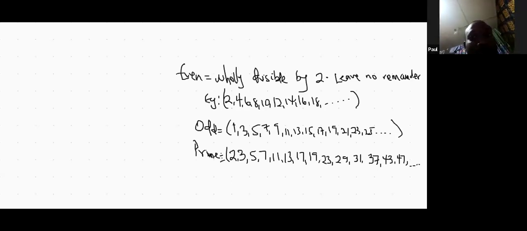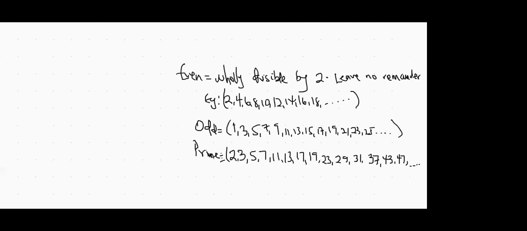All right. So and so on. So these are examples of prime numbers, numbers that we are expected to know about.